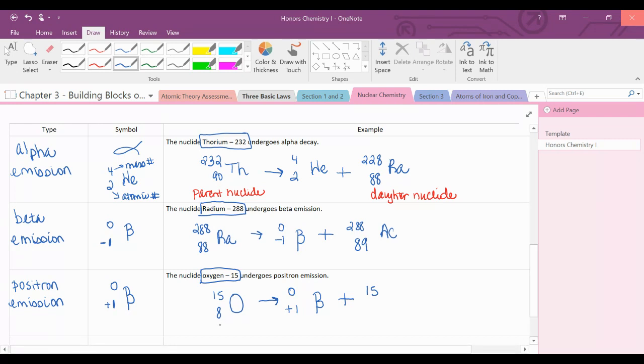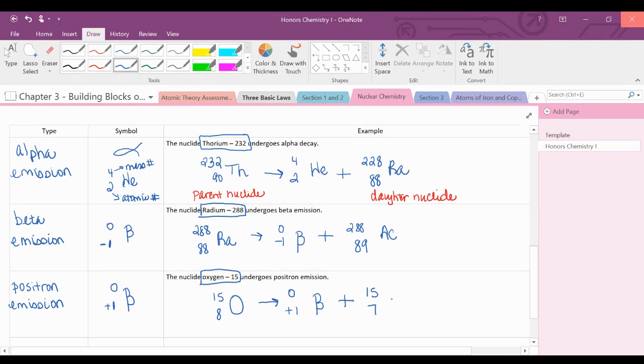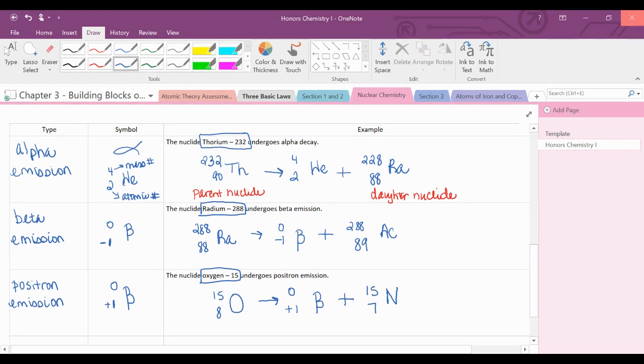If I take the atomic number of my parent nuclide and I subtract the atomic number of my particle, this is going to give me the atomic number of my daughter nuclide. So then we would look up atomic number 7 on our periodic table and write the symbol of atomic number 7 here. So this is nitrogen.